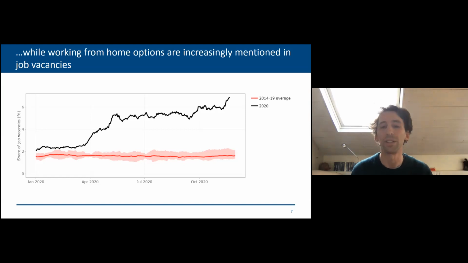Now, whether this is a lasting change, it'll be interesting to monitor over the next year, as hopefully restrictions get eased, and see to what extent it's a lasting change, but it's certainly very interesting for us.